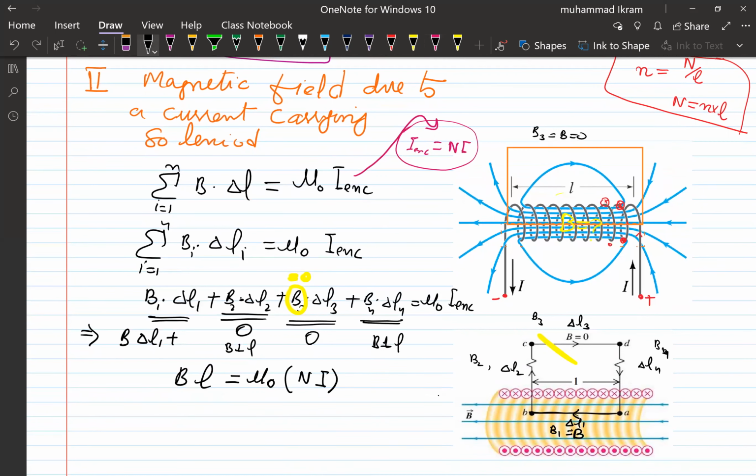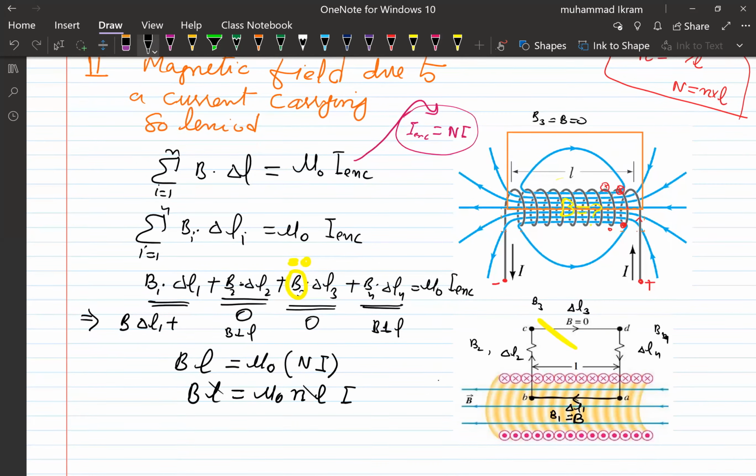But you know what this capital N is? It is equal to the number of turns per unit length. So this capital N is equal to n into L. So BL is equal to mu naught times N and L into I. And now you see this L and this L will get cancelled.